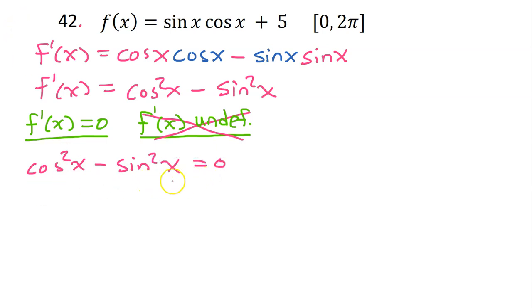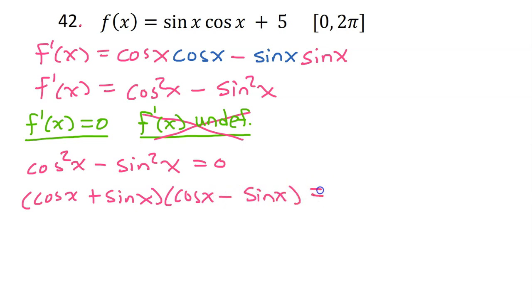This can be factored using the difference of squares. So we can write cosine x plus sine x times cosine x minus sine x. Now we can use the zero product property and set each one of these equal to 0.